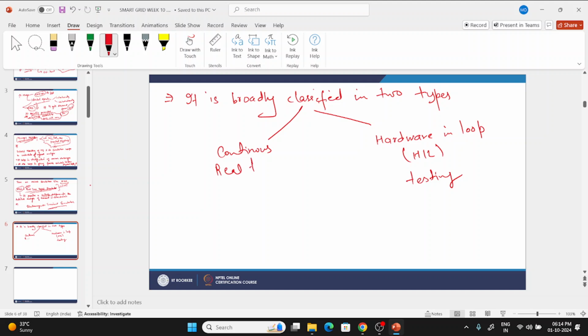This continuous is continuous real time simulation. Okay, so there are advantages of both.